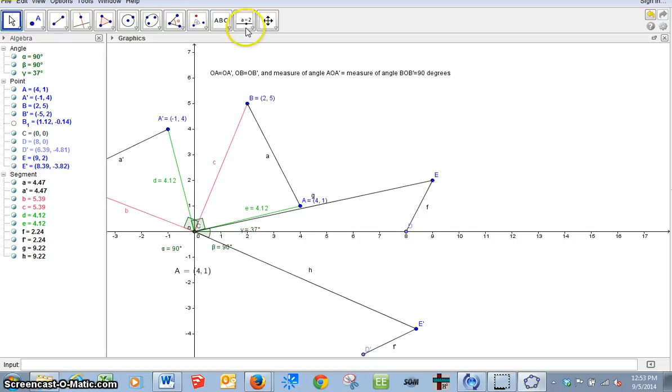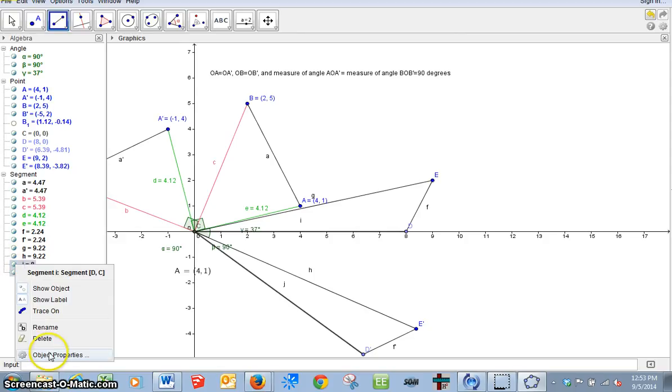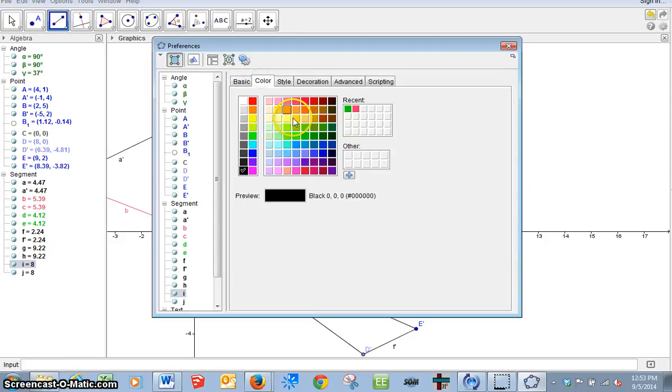Same thing should happen with the angle created by segments from D to the origin and D prime to the origin. I'm going to change the color of the segment we just created because it's landing right on the axis. Let's make it, I don't know, how about purple?